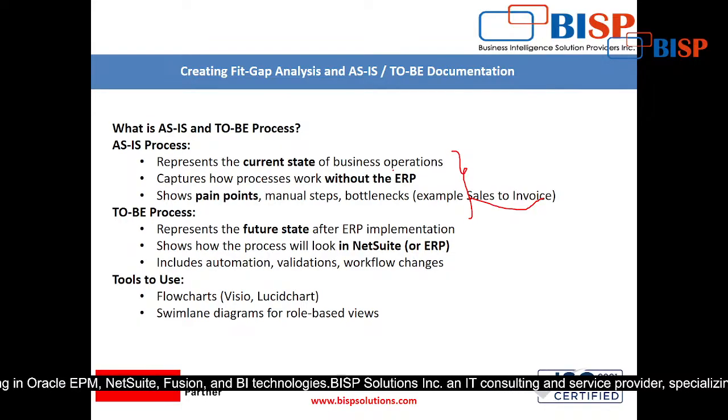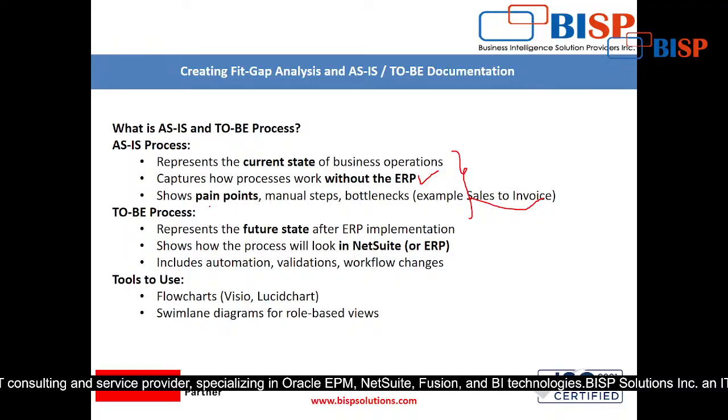First the purchase order will be created, then item receipt, then inbound logistics, then invoice creation, then paying the bill, right? This is the current process captured without ERP.